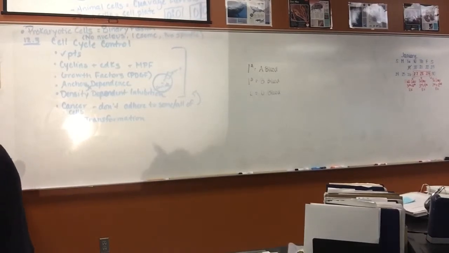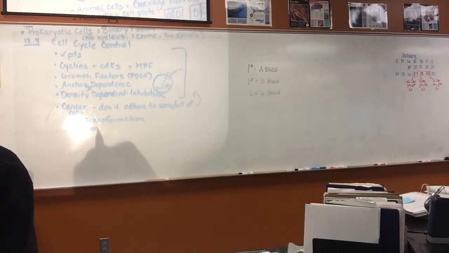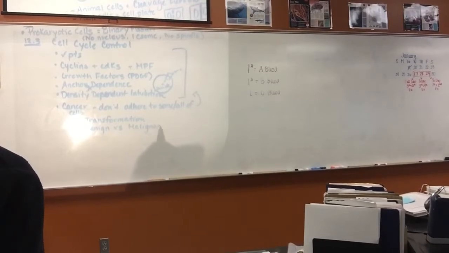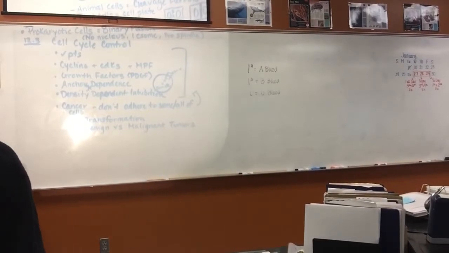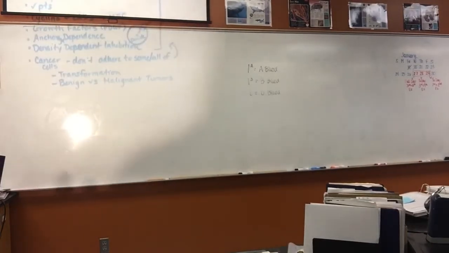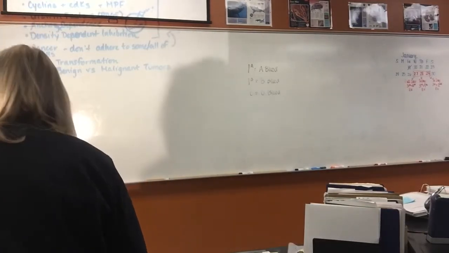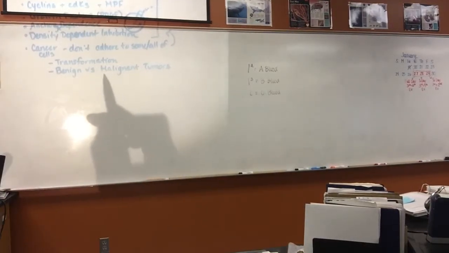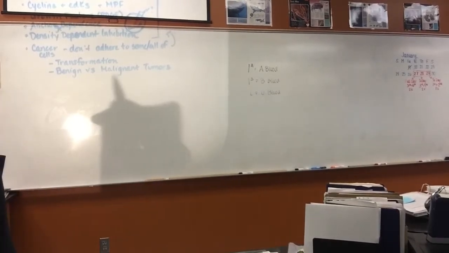If a cell goes through transformation, it can begin to divide uncontrollably and form, we talked about benign versus malignant tumors. Benign stays in one spot and doesn't seem to hamper the function of whatever organ it's at. When it begins to divide and adversely affect whatever organ it's attached to, it becomes malignant.